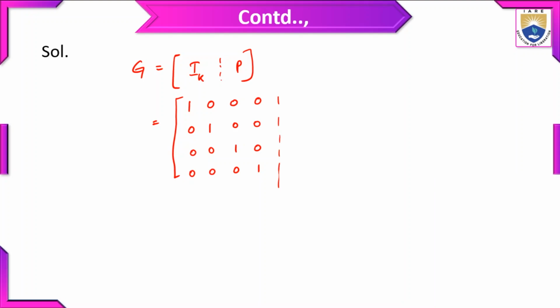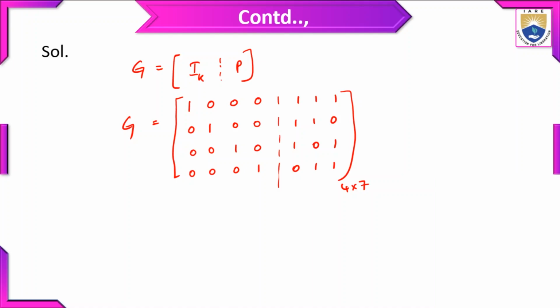Already you have the coefficient matrix of 4 by 3 size: 1 1 1, 1 1 0, 1 0 1, 0 1 1. So this is 4 by 7. See, first row, second row, third row, fourth row. So 4 rows. Columns 1, 2, 3, 4, 5, 6, 7. So 4 by 7 is the G size. That is K by N size.